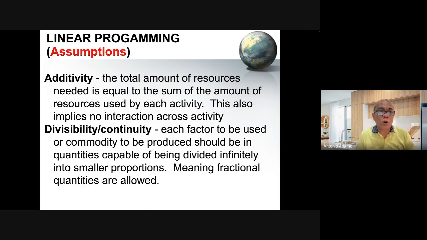Linear programming as a tool in allocation budgeting has the following assumptions. Number one assumption to take note of is additivity. The total amount of resource needed is equal to the sum of all of the amount of resource used in each activity. That implies no interaction across activities.